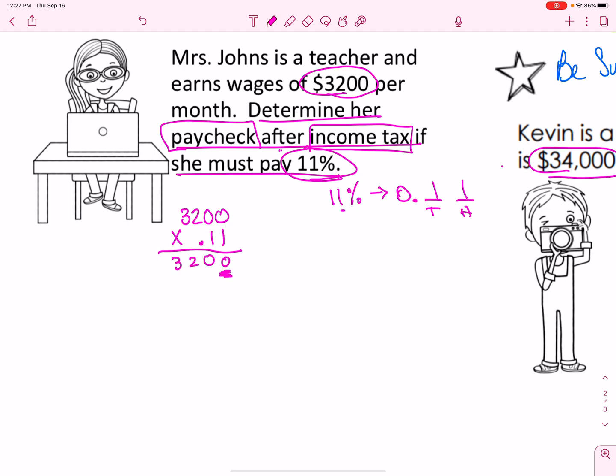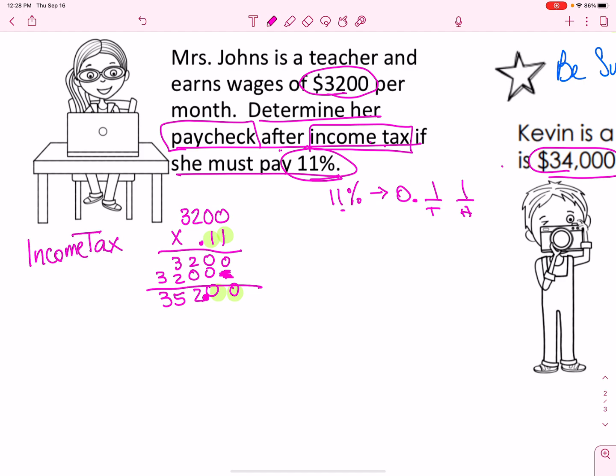Leave a space. 0, 0, 2, 3, 0, 0, 2, 5, 3, number, and decimal. $352 in taxes.